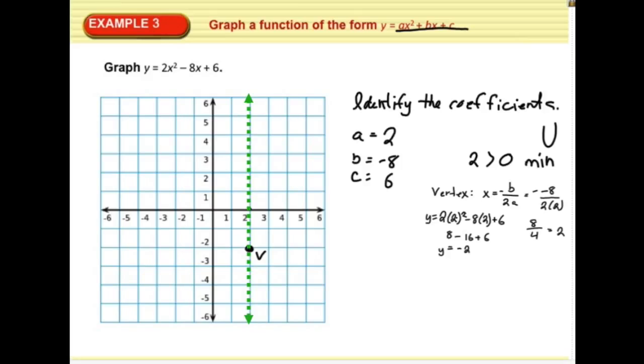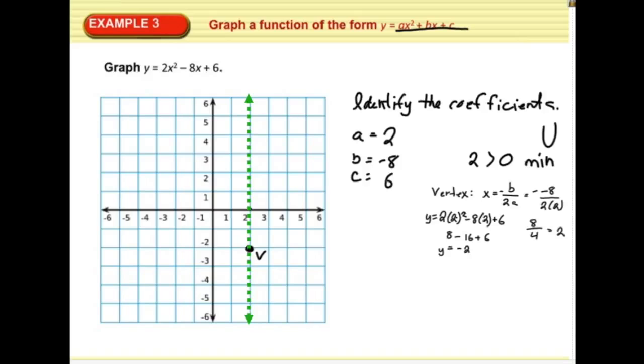Because I know my graph is going to open upwards, I'm only going to solve for x values on either side of the axis of symmetry. I'm going to look at maybe 3 or 4 or 6. It's up to you, really. I wouldn't go too far away from the vertex because I just don't want to make things difficult.